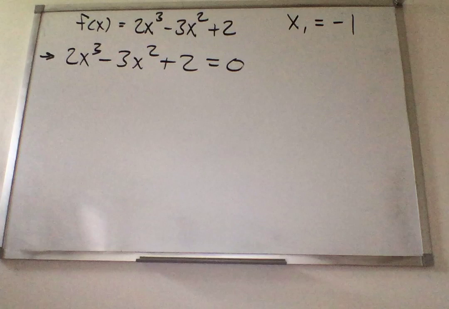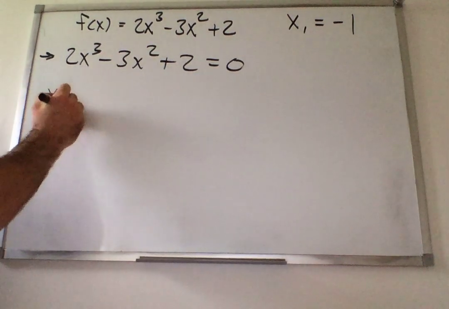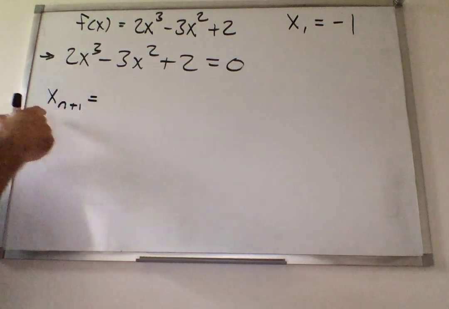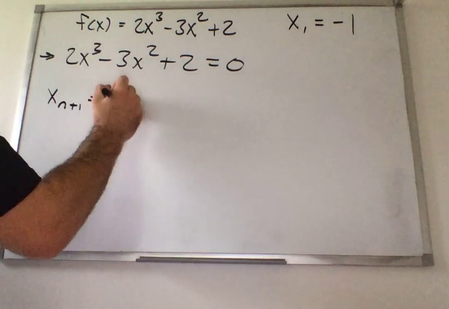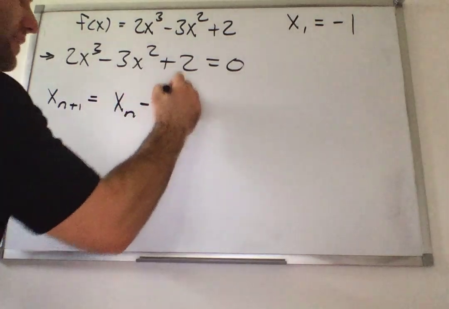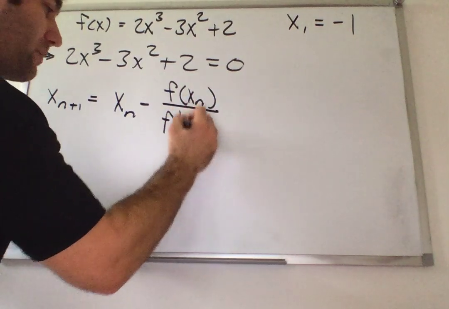So it's our job to find x3. Now, if you recall, this was Newton's method. x sub n plus 1 is equal to x sub n minus f of x sub n divided by f prime of x sub n.